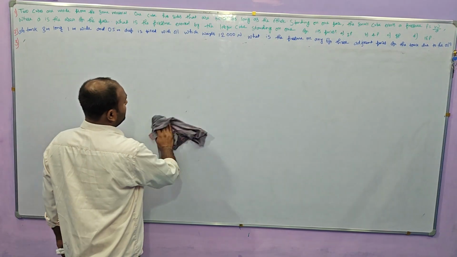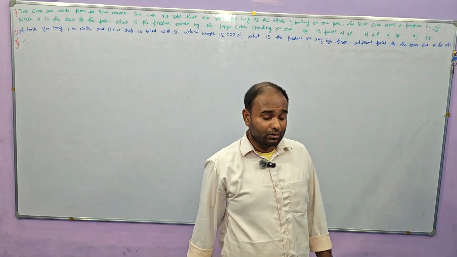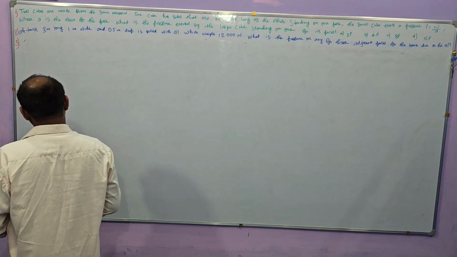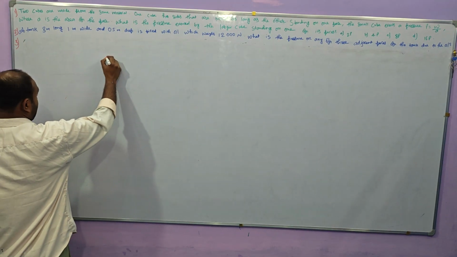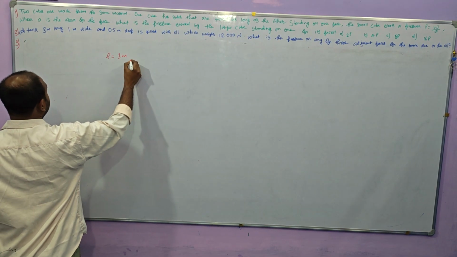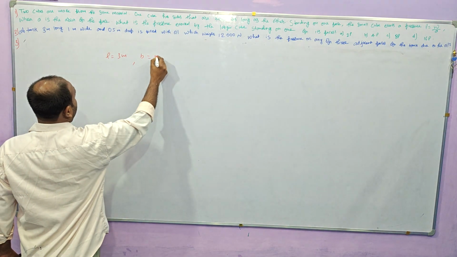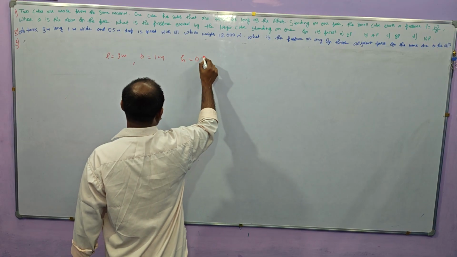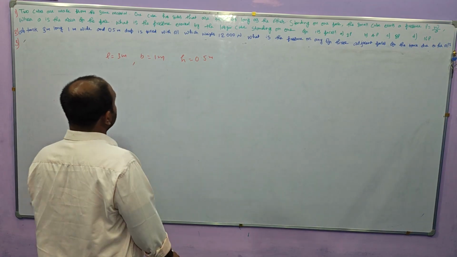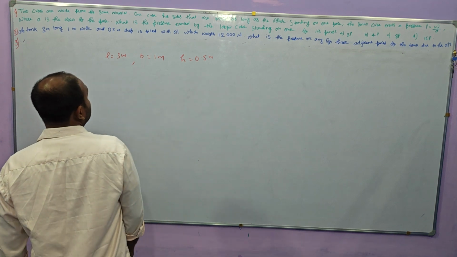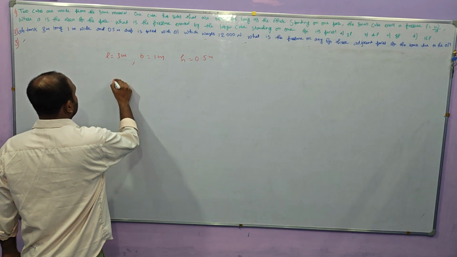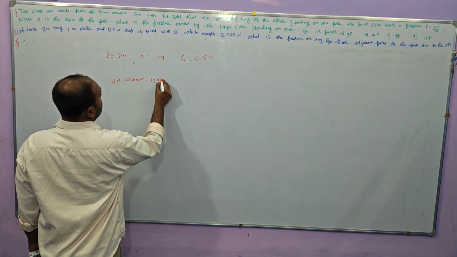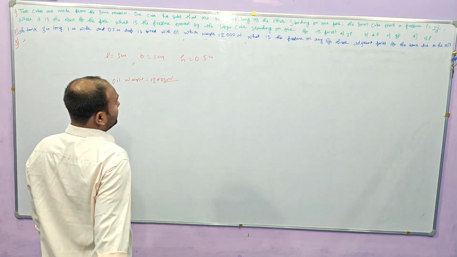So here firstly we find out, a tank is 3 meter long, B is 1 meter, and H is 0.5 meter, and weight 12,000 Newton is given.